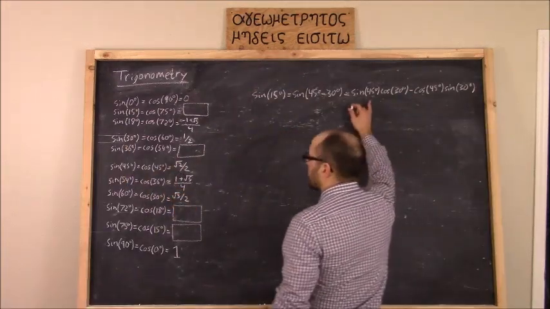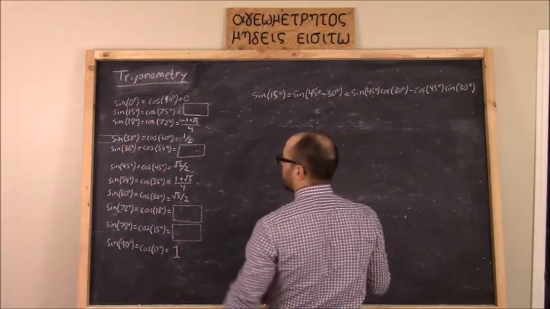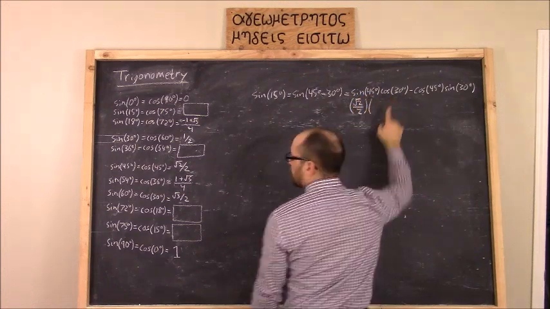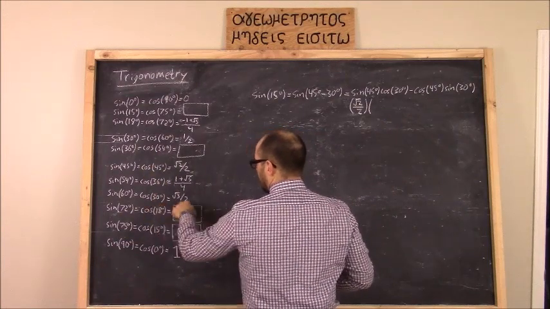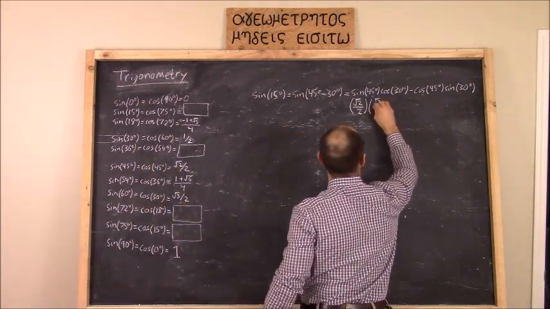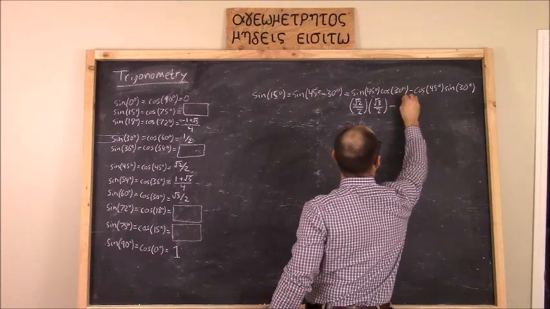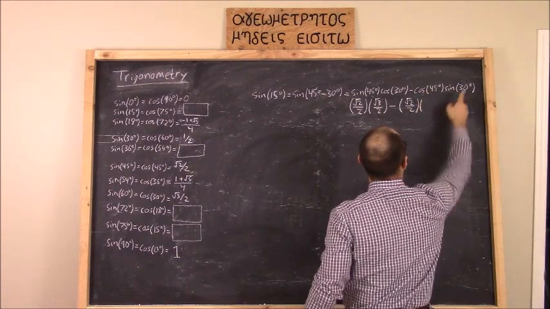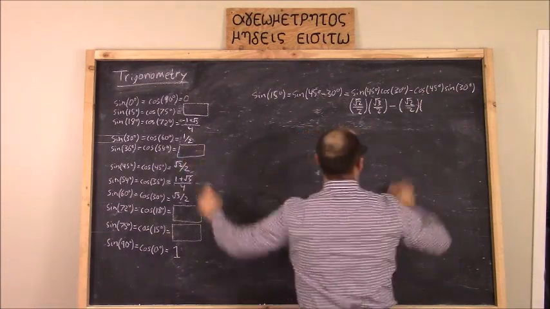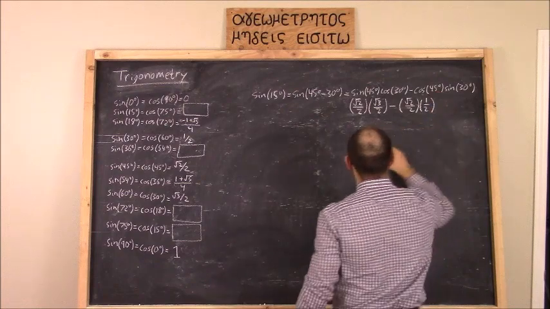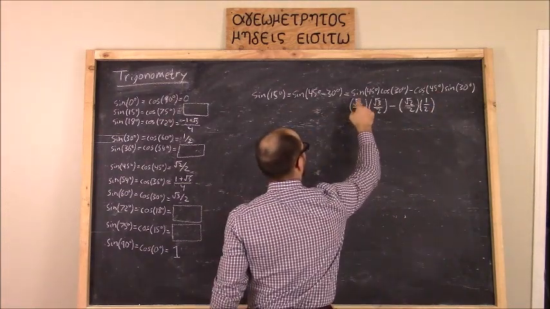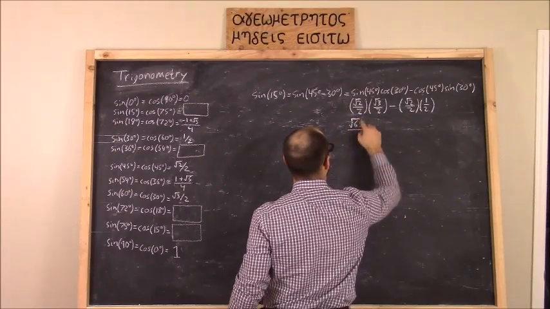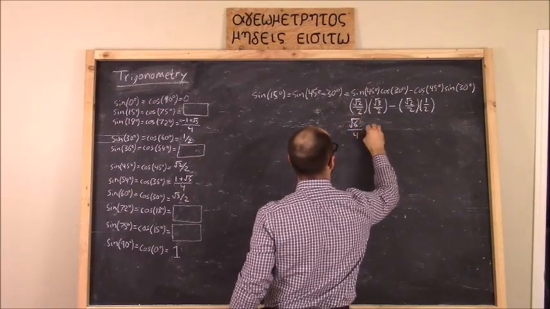Now, it's a matter of plugging in the values. So sine of 45, that is root 2 over 2. Cosine of 30, well, that is root 3 over 2. Minus cosine of 45, root 2 over 2. And sine 30 is 1/2. All right, a little simplifying. 2 times 3 is 6, so root 2 times root 3 is root 6. 2 times 2 is 4.